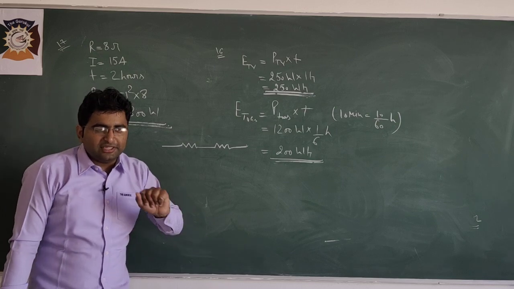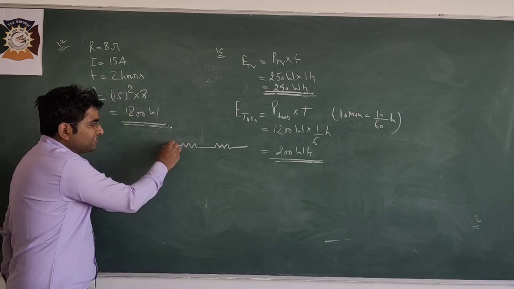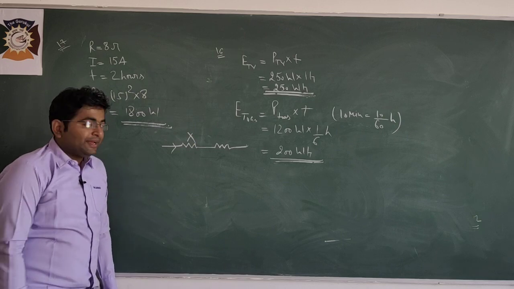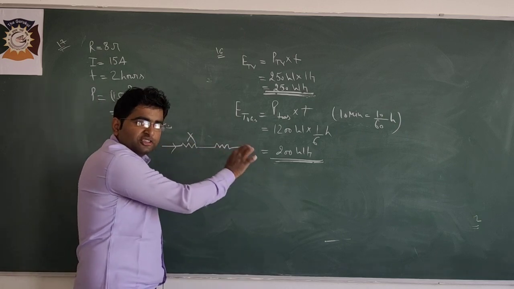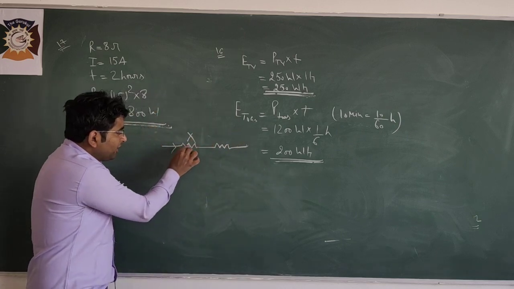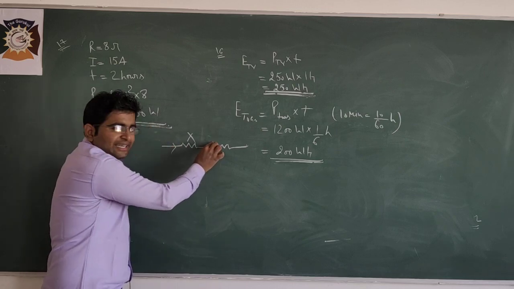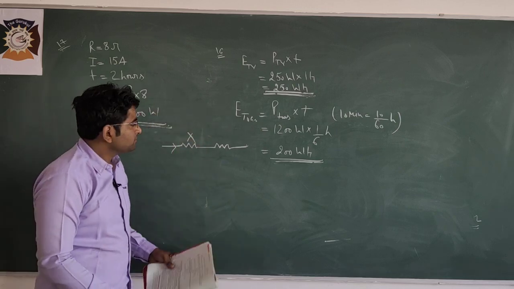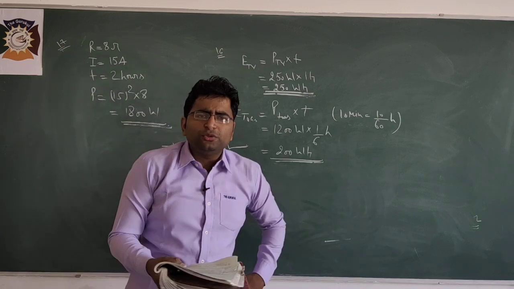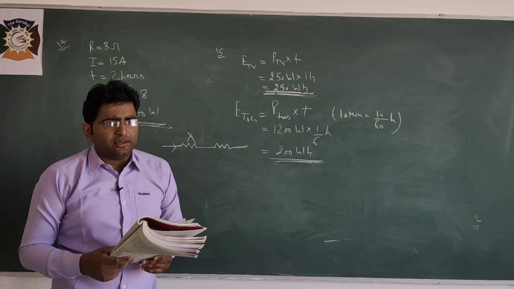Clear? Second, if one device stops working, then the other device also stops working, because if this device fails, then the current will not reach the other end. Clear? So these two disadvantages you can write here.